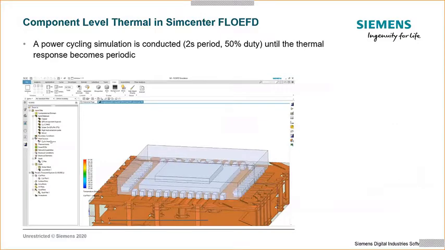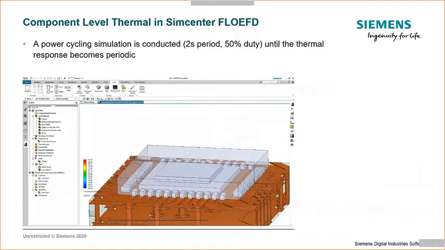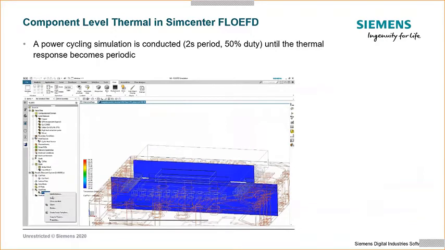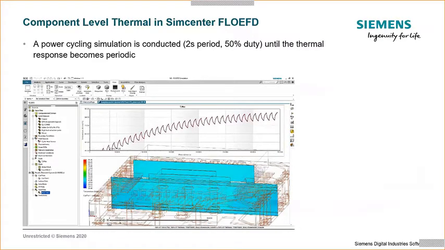And then a transient thermal simulation is conducted, in this case a power cycling simulation with a 2-second period and 50% duty, until such time as the thermal responses become periodic, until such time as the package is thermally soaked to the extent where it provides a repeated periodic thermal response.